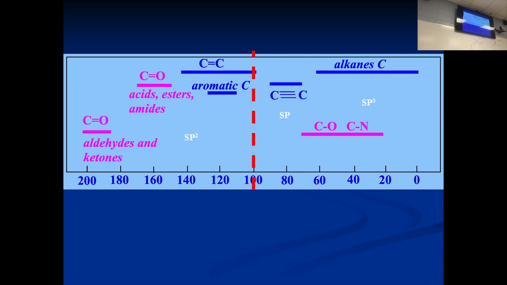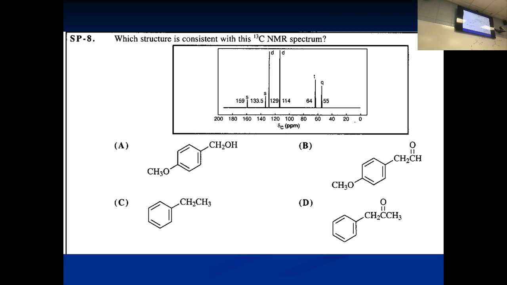This one's probably going to be the easier one for you to use. All right. Try to solve that problem. First thing you want to do is ask yourself, how many unique carbon signals would you expect? Not proton signals, carbon signals.